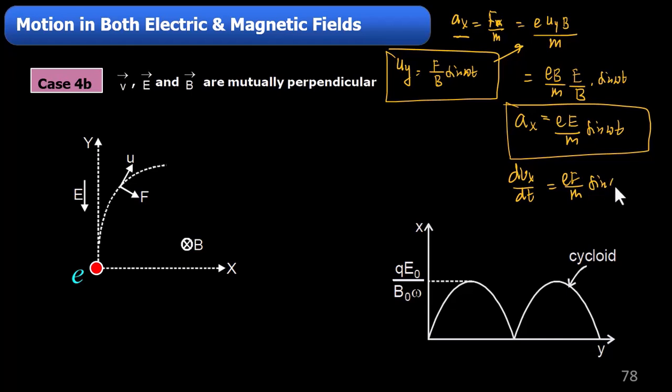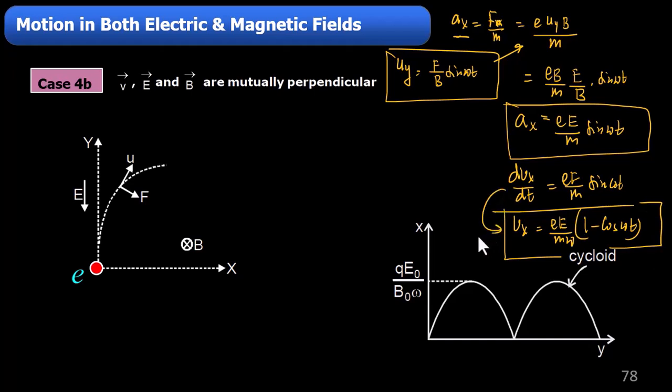If I integrate once, I get the value of Vx. On integration, Vx should be E by m omega into 1 minus cos of omega t. I am skipping one particular step: I am integrating it and putting in the limit, so I get the value of Vx.